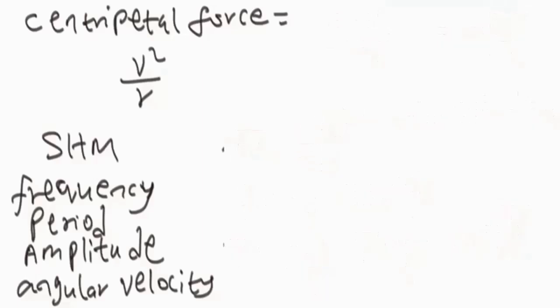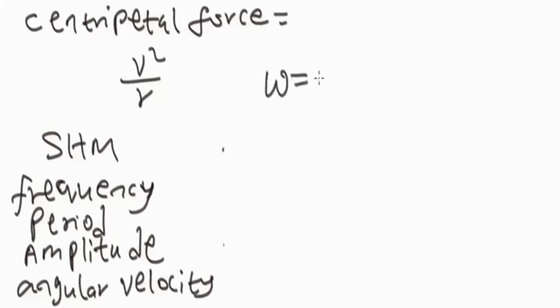Let's wipe some parts here and explain amplitude and angular velocity. Amplitude is the maximum displacement or distance of a body undergoing simple harmonic motion, and it is a distance measured in meters, whereas angular velocity is simply the angle turned around a circle per unit time.